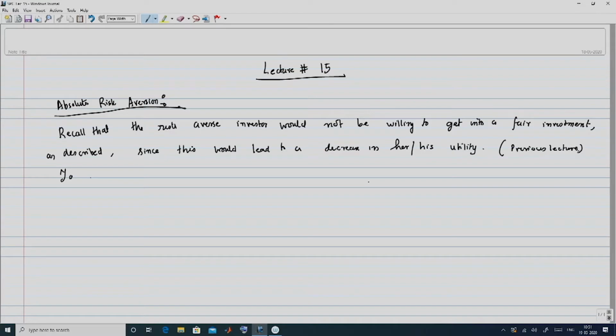Now, in order to avoid this risky investment, what I am going to state is an interpretation of certainty equivalent.